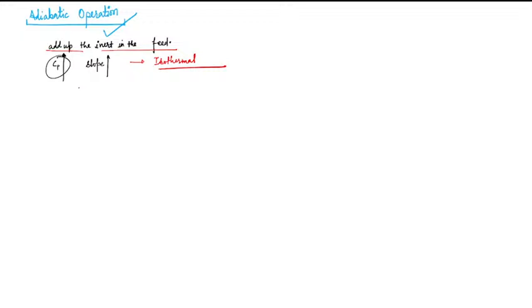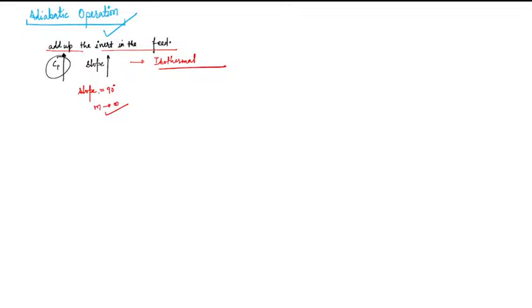For isothermal operation, the slope is 90 degrees, m goes to infinity, tan 90 goes to infinity, which means the numerator should be as high as possible.